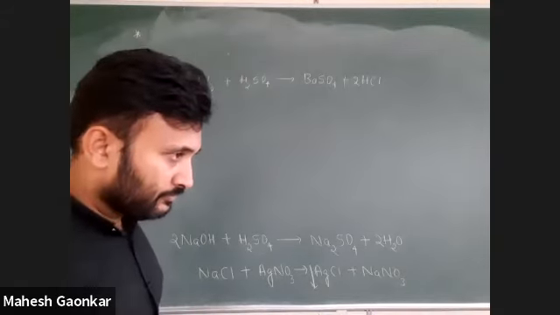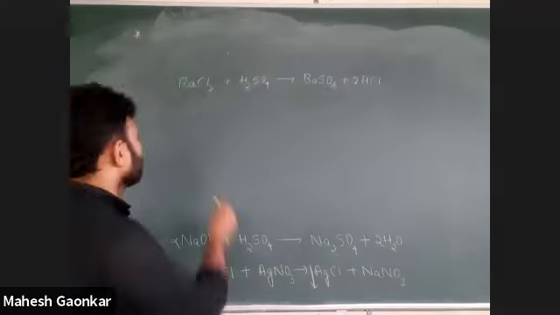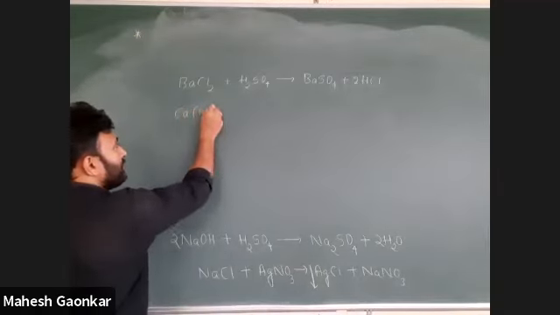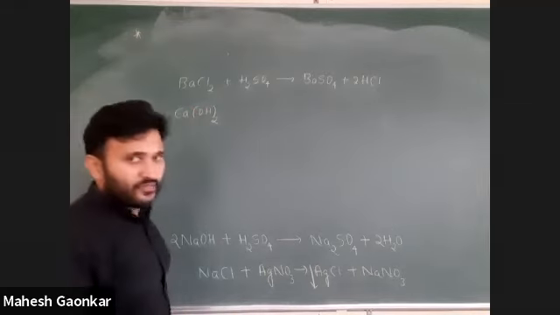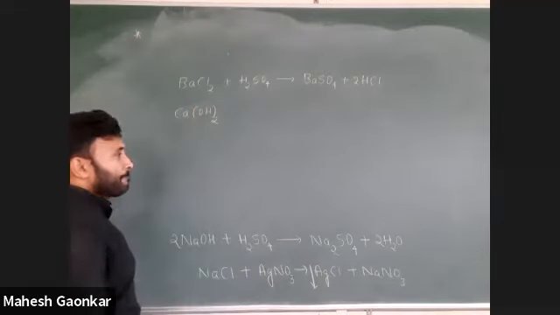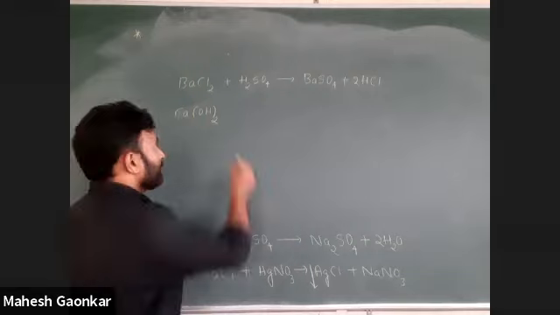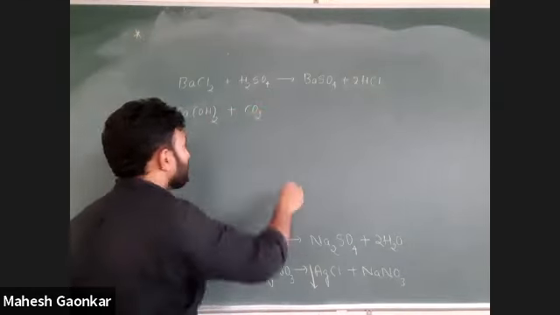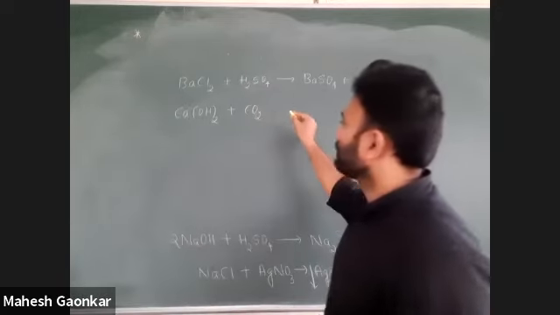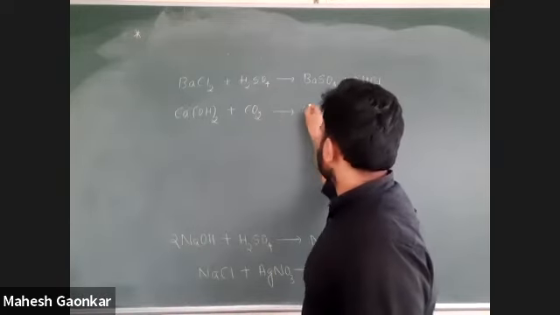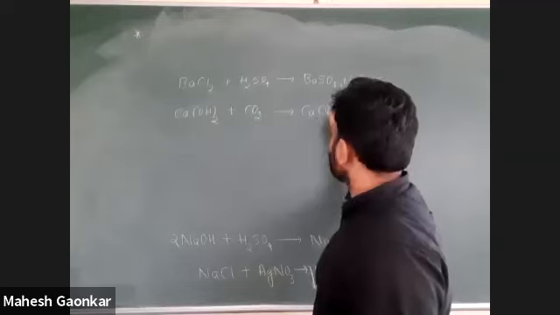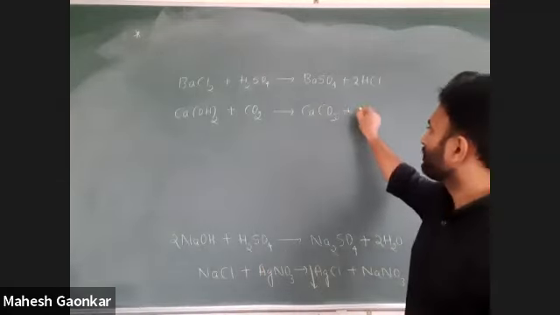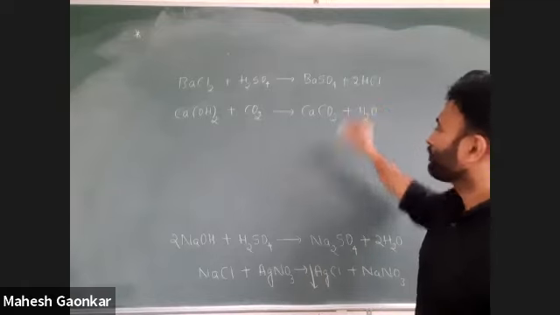So the first one is calcium hydroxide, Ca(OH)2 is the formula of calcium hydroxide, plus carbon dioxide, formula is CO2, gives calcium carbonate plus H2O.